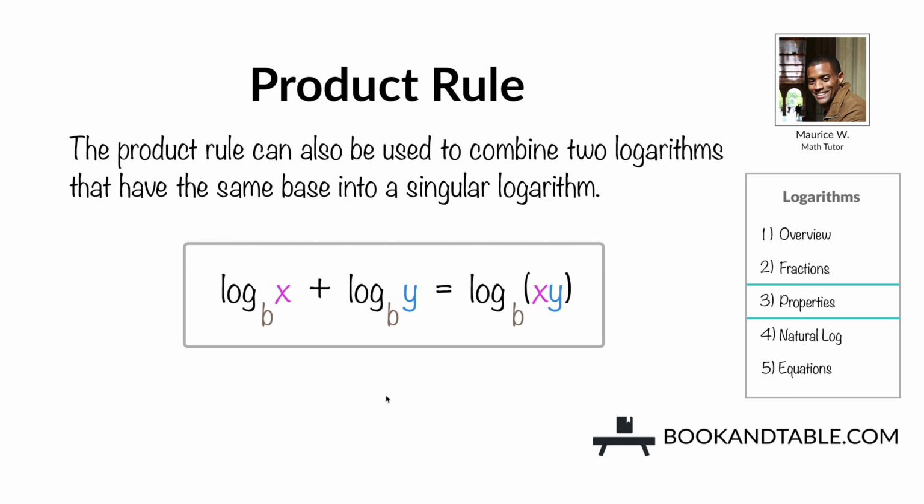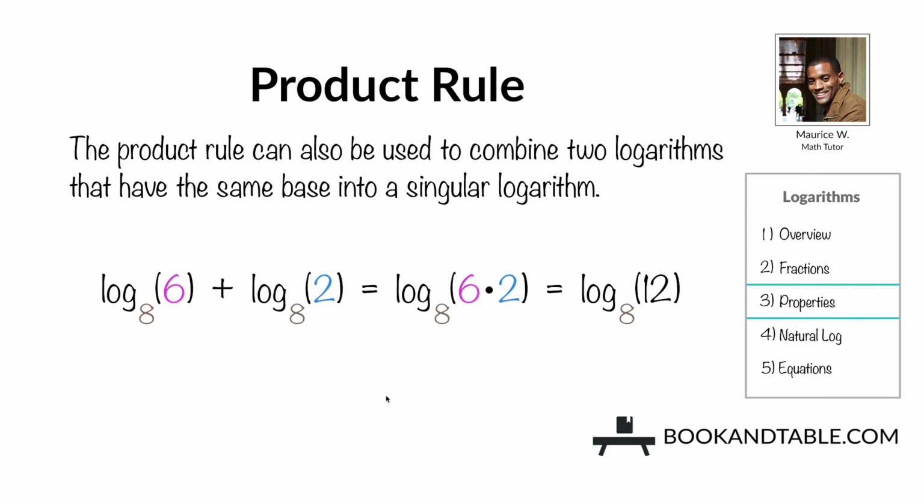So if we take the same example we were looking at a moment ago and turn it around, we would have log base 8 of 6 plus log base 8 of 2. And since we have two logarithms that are being added together and they have the same base, we can combine them into a singular logarithm by multiplying their arguments 6 and 2, giving us an argument of 12.